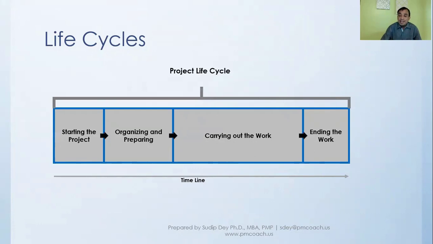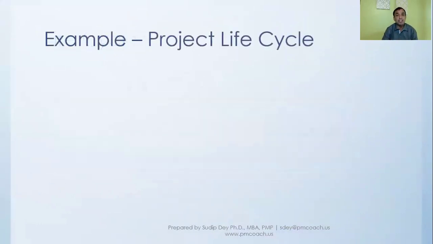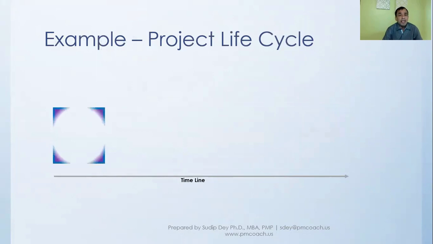Now let's take an example and see how it fits together in a project and how different phases work together. As an example, let's say we are developing a system.